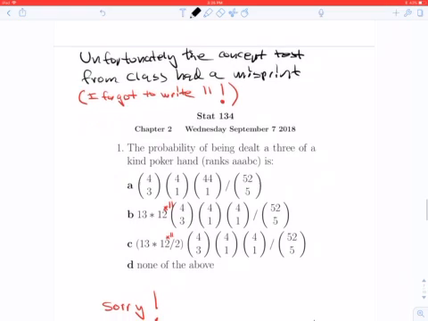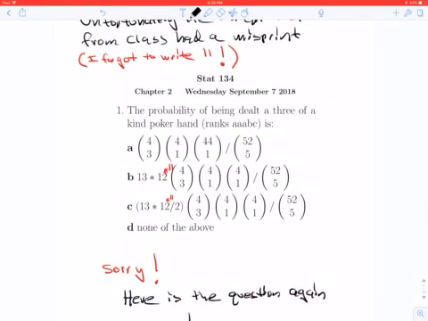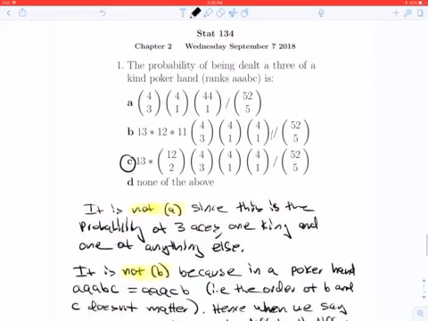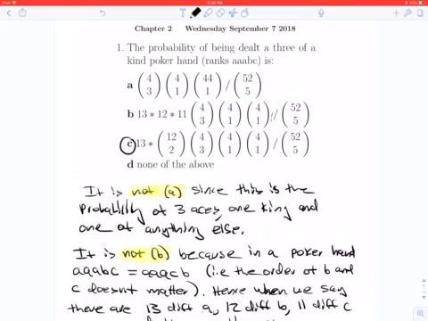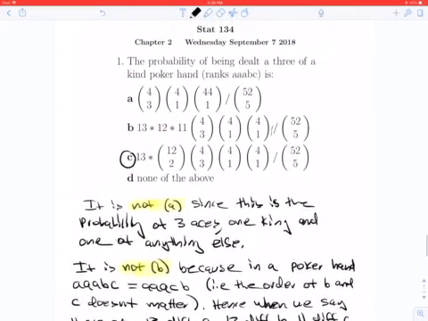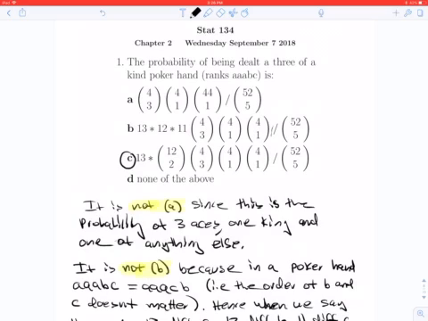Now, then we did a concept test, and Uncle Adam messed it up. There was a misprint here, and you guys did a great job despite me. Here is actually the question I meant to ask. And many of you thought that the answer is B because you're thinking to yourself, oh, okay, there are 13 possible A's, there's 12 possible B's, and there's 11 possible C's.